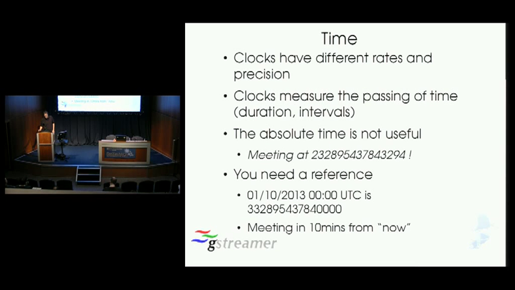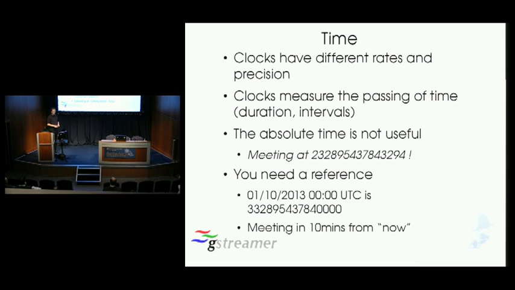And also the one thing which I haven't mentioned is that if we want to be able to synchronize events, let's say something simple, we want to have a meeting at a certain date and time, we need to have two things that are identical. We need to have the same reference of time. That's to say, both our watches need to be tuned.